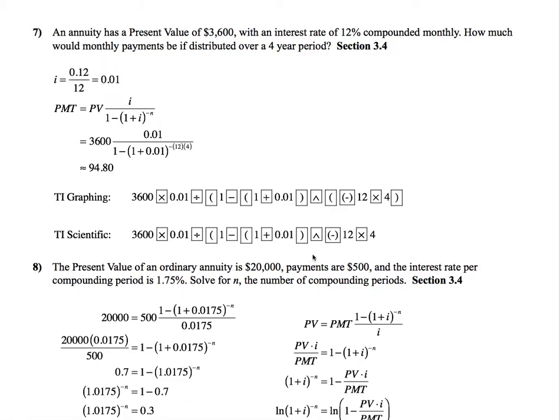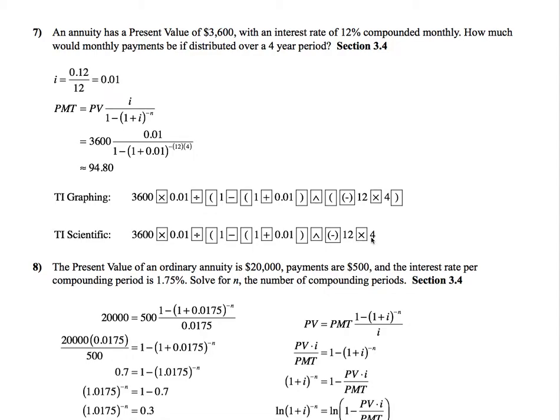Well, once you press that key right there, then you don't need to open up any parentheses. The calculator knows that whatever you enter now is going to be confined to that exponent, and so you type the sign change, the negative key, and then 12 times 4.